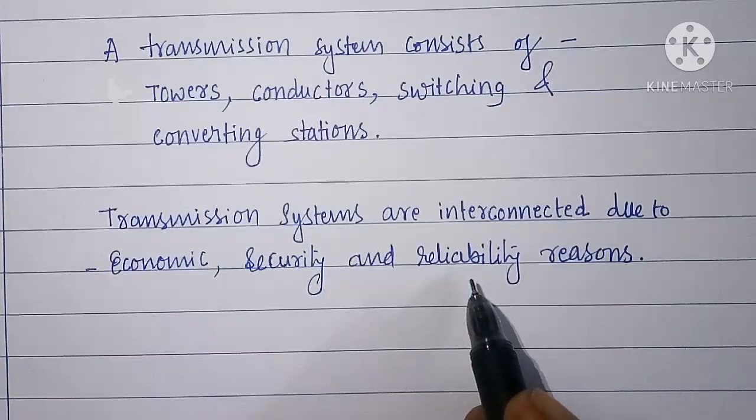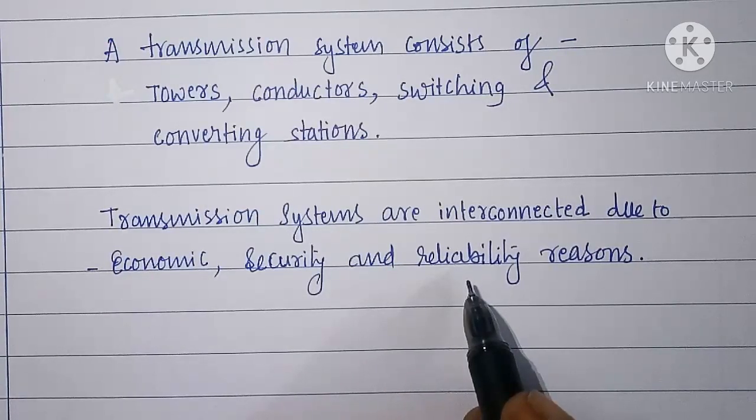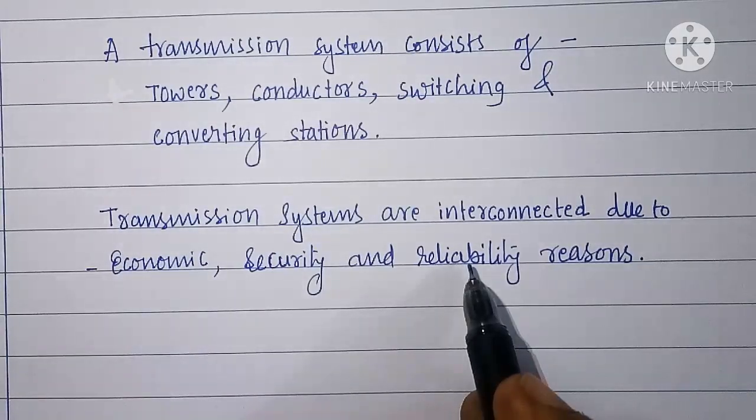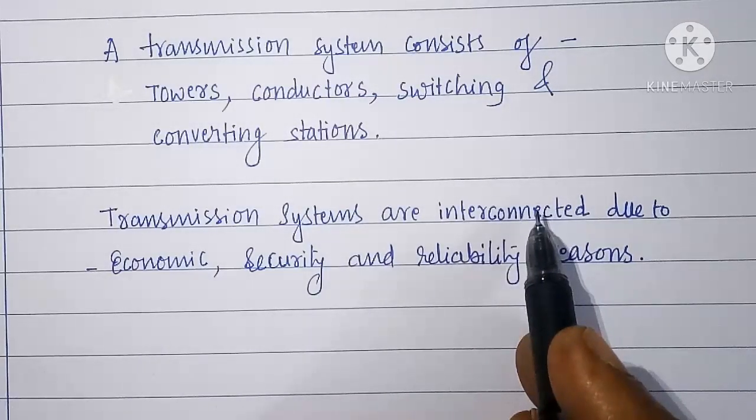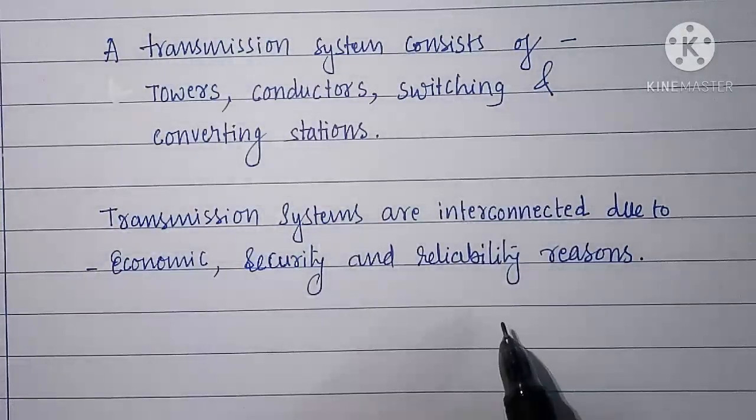It is always necessary to supply the consumers continuously. In case of any fault, if some part of the transmission system is kept out of service, then the power to the consumers may be supplied through another route in the interconnected system, which ensures continuous supply of power to the consumers.